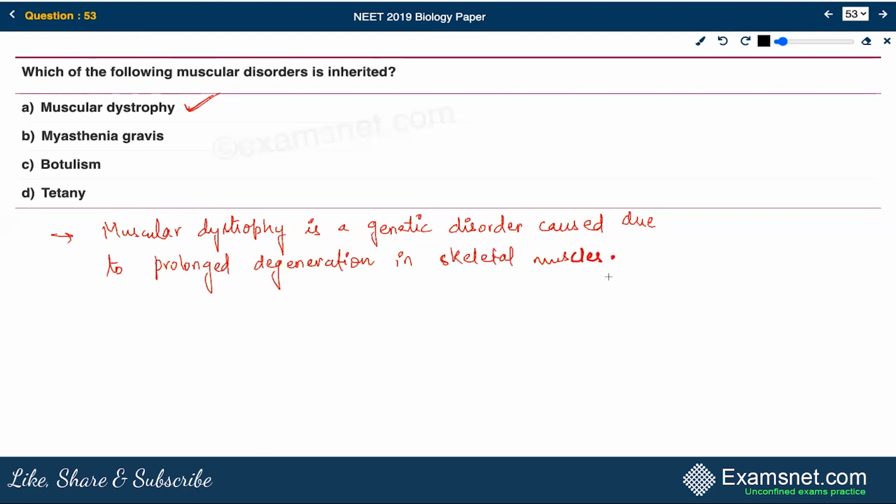All right. So this is regarding muscular dystrophy.